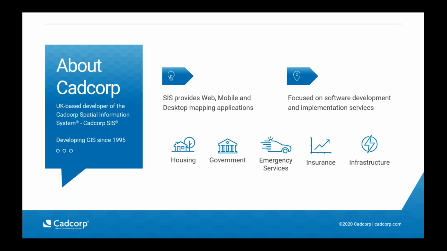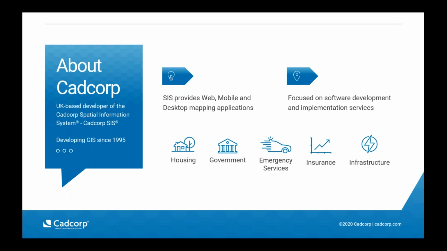We call that CADCORP SIS, and that is a web, mobile, and desktop mapping application. So it's mapping and GIS, geographical information systems, and that's the family of applications that we provide to our customers. In the UK, we provide the applications to our customers directly. Throughout the rest of the world, we provide the technology through our partners and distributors.